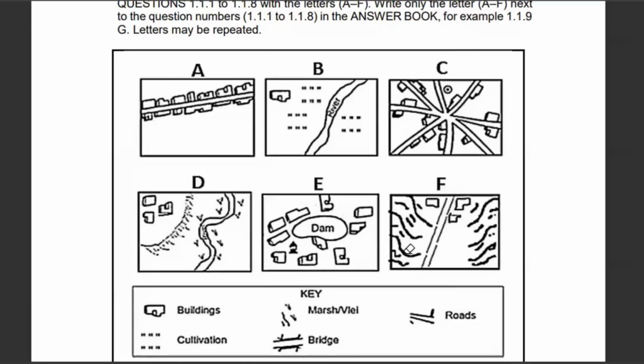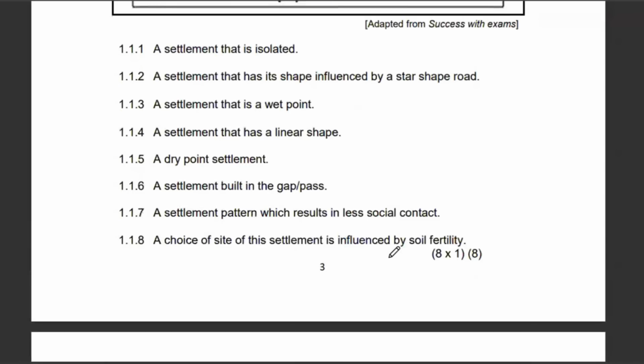So if we analyze using our symbol of the building on those settlements, we find that settlement number B is the one that is in isolation. You can see that there is only one building here, and this whole area is cultivated land. There is no other building around to suggest that there are other settlements around. So it implies that this settlement is in isolation, one on its own. So the correct response is item B.